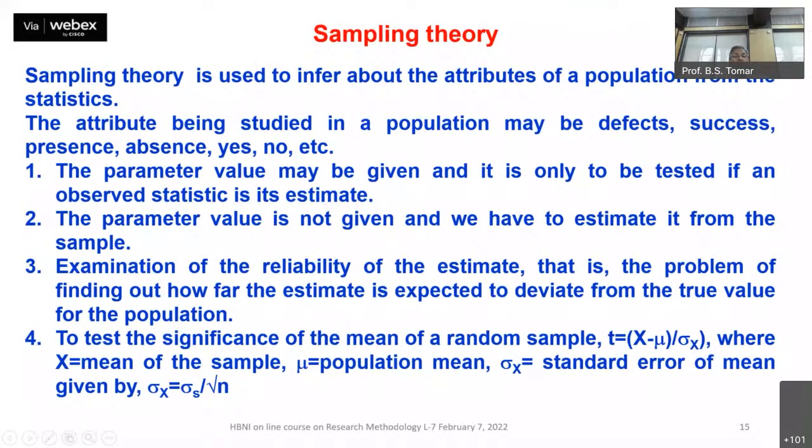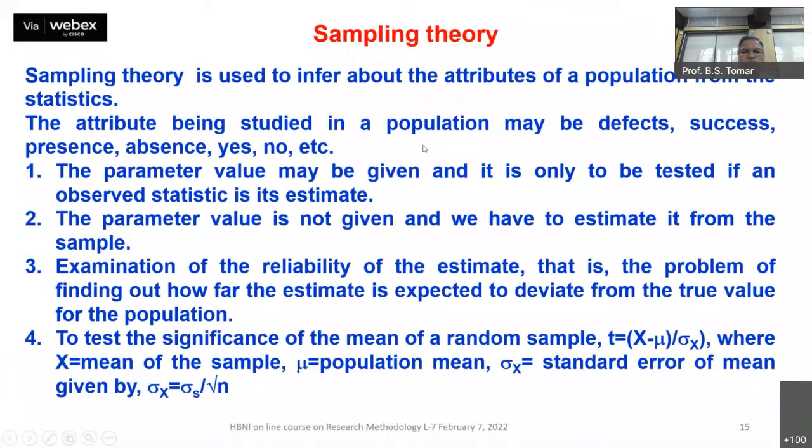Okay, now this is the sampling theory. Suppose we want to deduce the mean or the size from the sample about the population. That is what I discussed here in terms of the sampling theory. Sampling theory is used to infer the attributes of a population from the statistics.